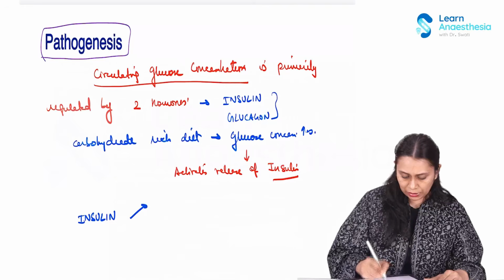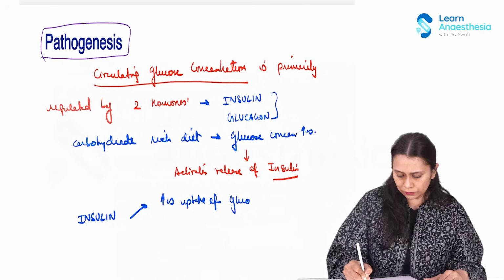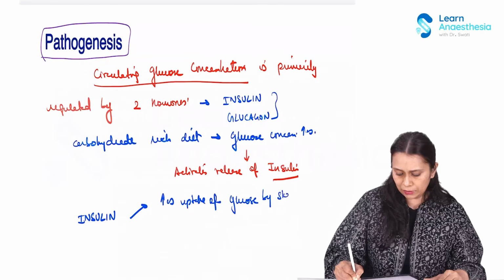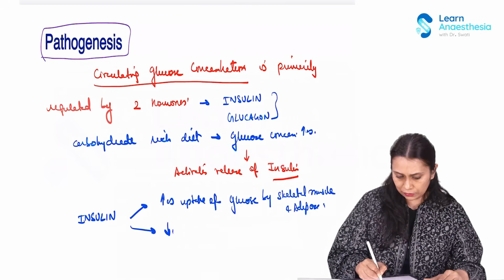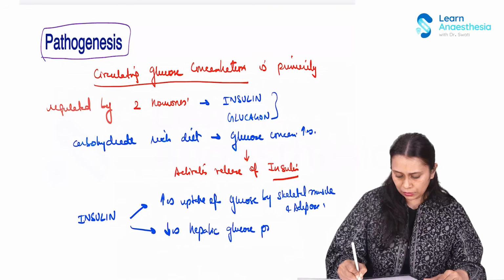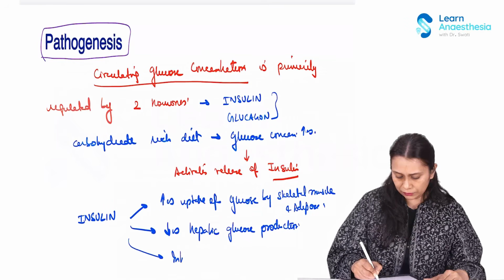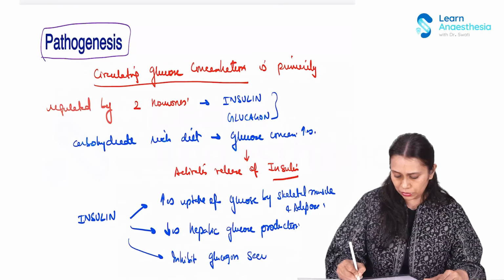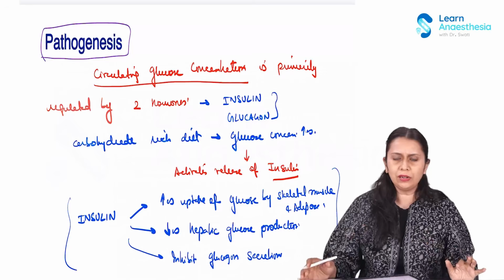Number one, increases uptake of glucose by skeletal muscle and adipose tissue, then decreases hepatic glucose production, and inhibits glucagon secretion, right?